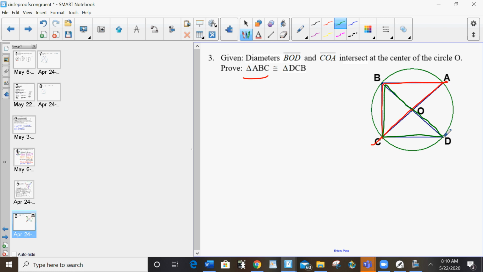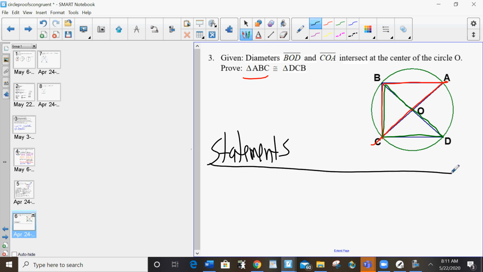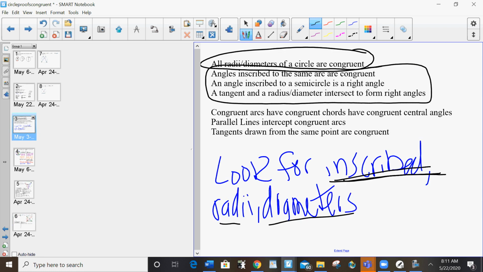Are there any givens that are helpful? No. So I'm going to give you a couple minutes to try and determine what we can state congruent using our circle theorems. And again, as a hint, look for inscribed angles, radii, and diameters.